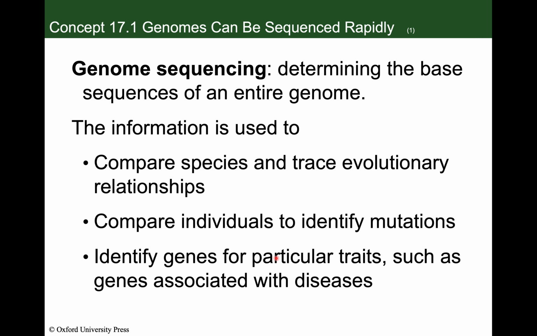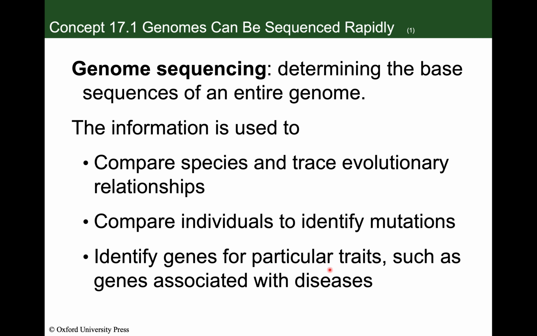So, in a nutshell, if you have a genome that's been sequenced, or at least partially sequenced, what can you do with that information? Well, in sort of a broad biological sense, there's some very useful things that could be done. So you can compare species, better understand evolutionary relationships between different organisms, compare individuals even within the same species, identify specific mutations that might be linked to certain phenotypes or diseases.